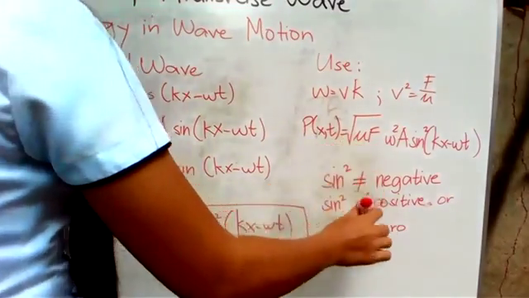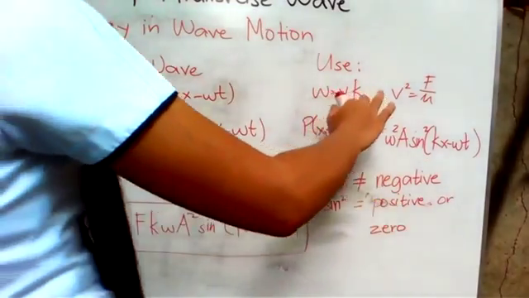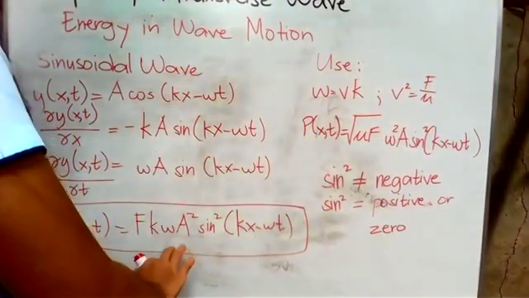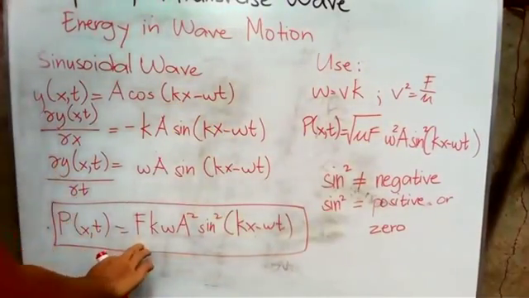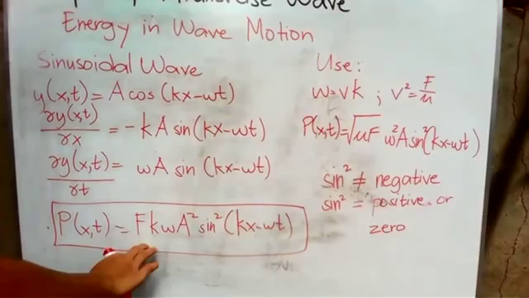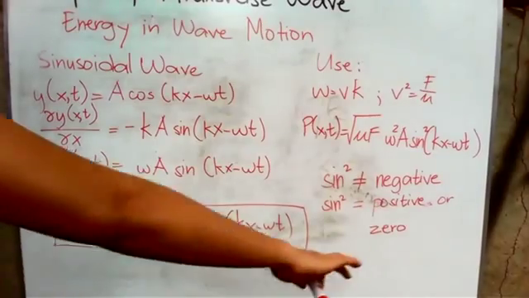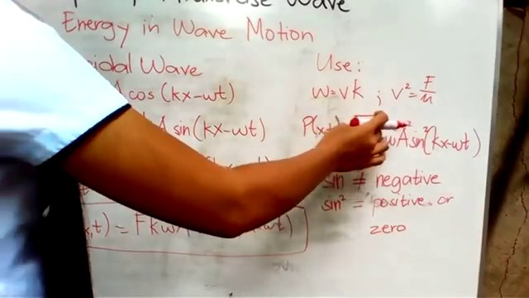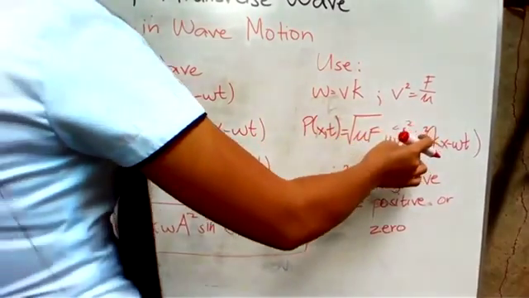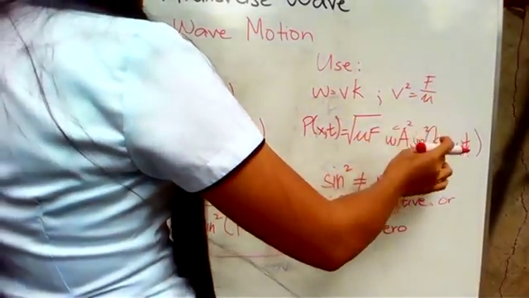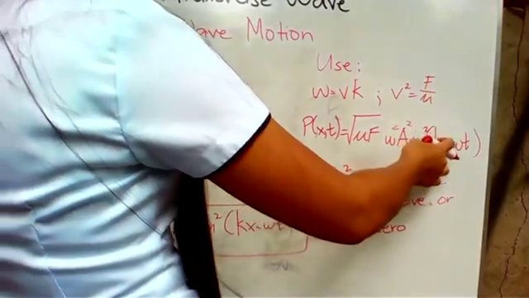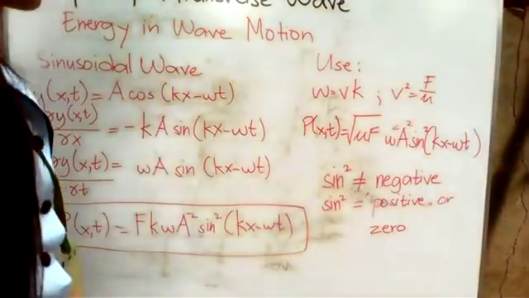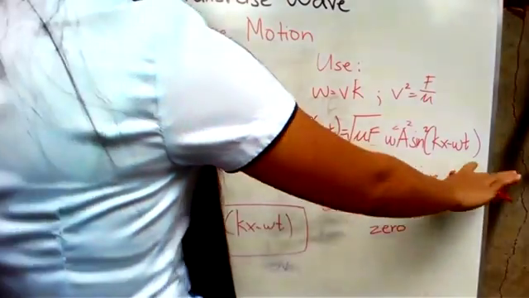So we substitute the values of k and F. P as a function of x and t is equal to the square root of mu times F times omega squared, a squared, sine squared of kx minus omega t.